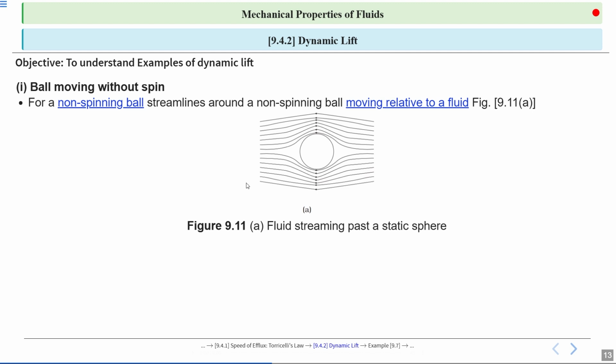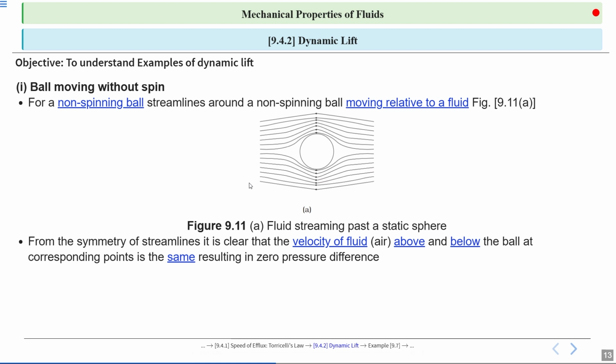The streamlines above and below the ball are mirror images. This symmetry means that the velocity of the air at points directly above and below the ball is the same. Because the velocities are equal, there is no pressure difference between the top and bottom of the ball.